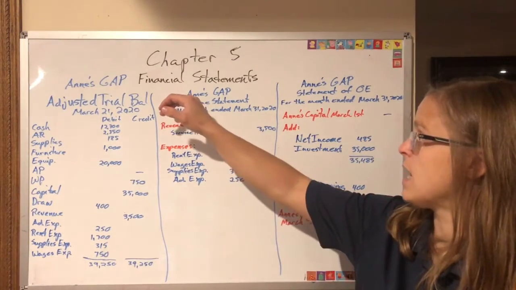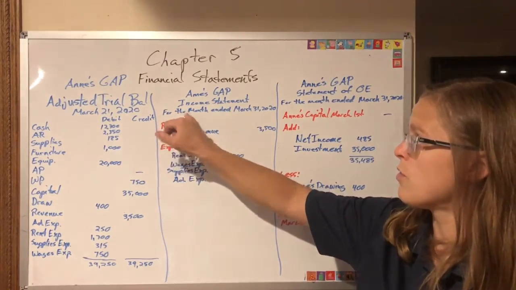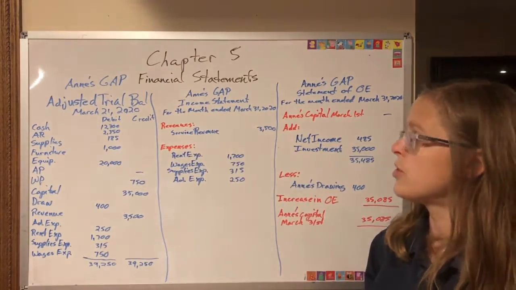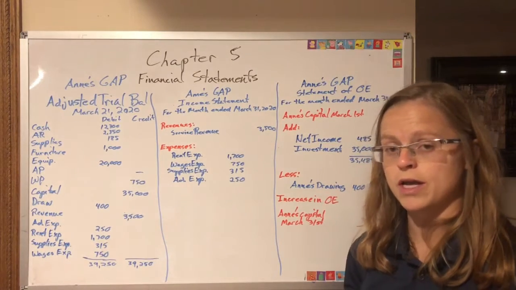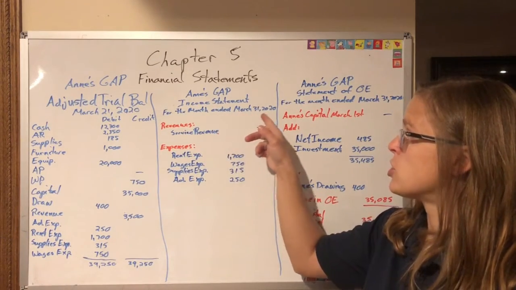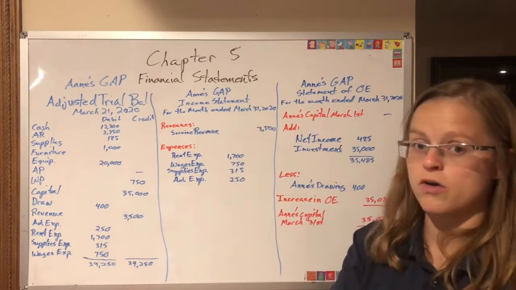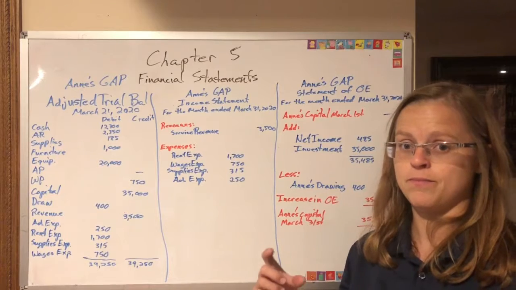All right, so we have at top Ann's Greater Athletic Performance income statement for the month ended March 31st of 2020. Now, the income statement covers a length of time.